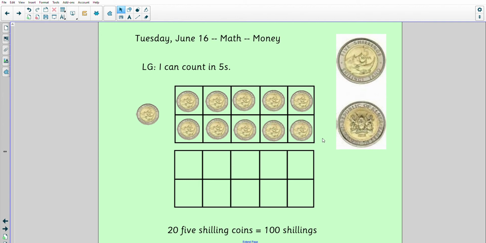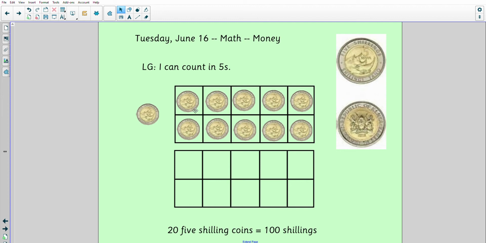Let's pause there for a moment. How many coins does it take to make 50 shillings? Well, we have a nice 10 frame here, so we know it makes 10 5-bob coins to make 50 shillings.